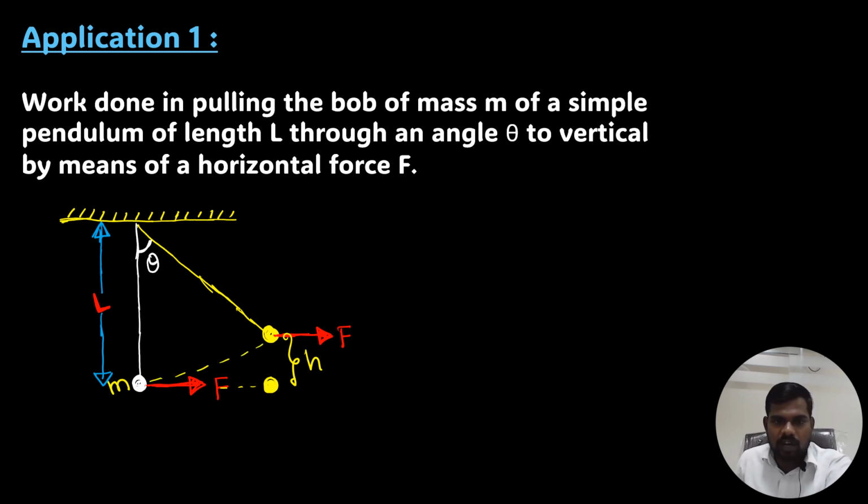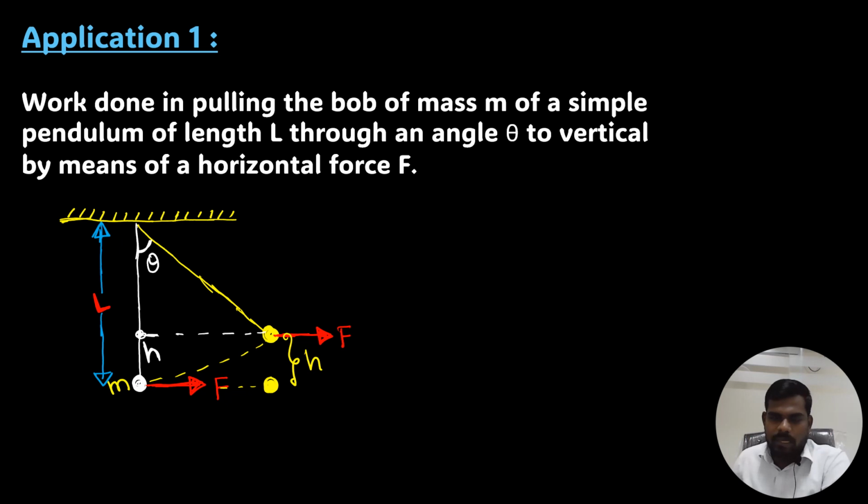How much height it has moved, I take as h. Now I will draw a horizontal line through the final position of the bob. So this is the height h, because this point and this point are at equal heights.